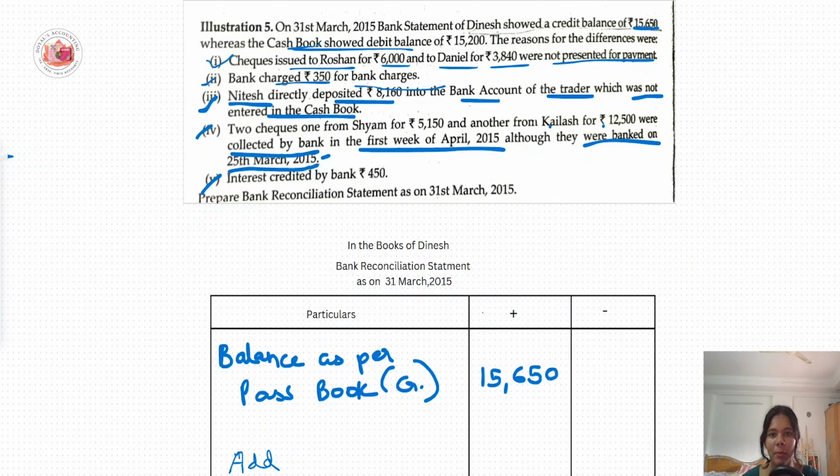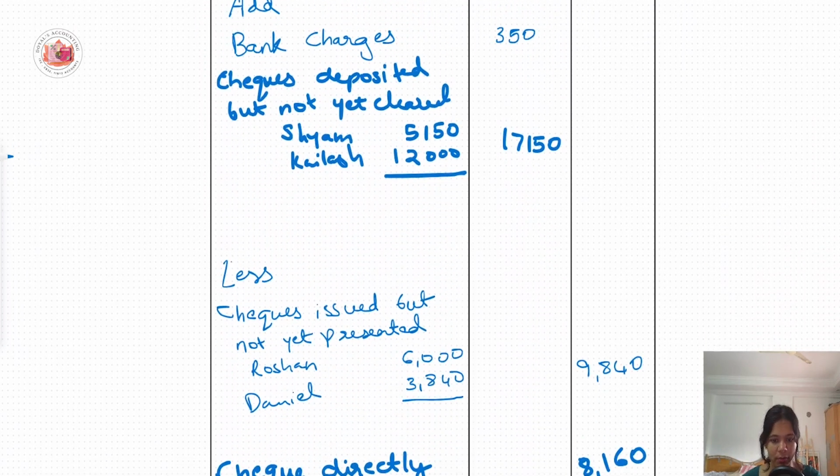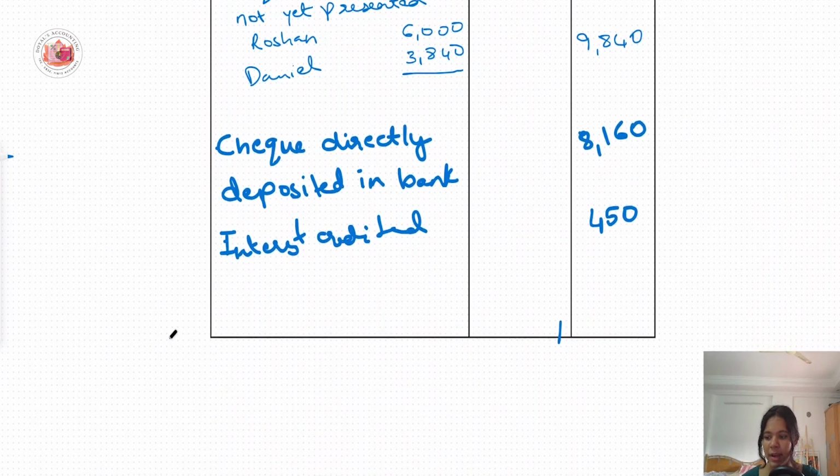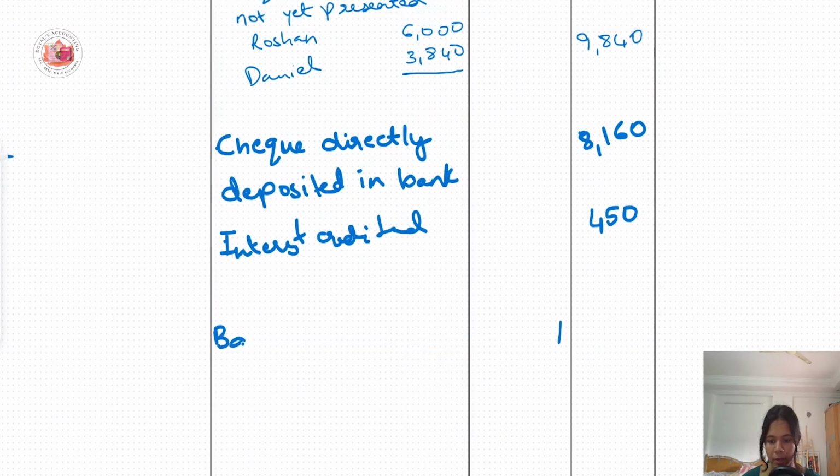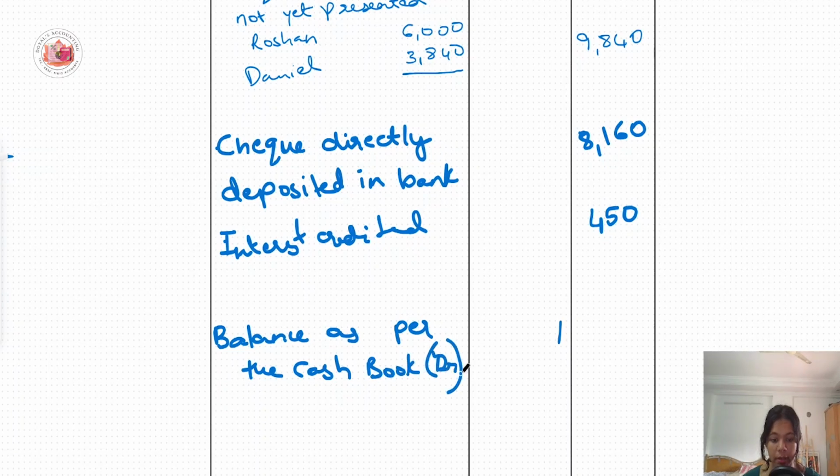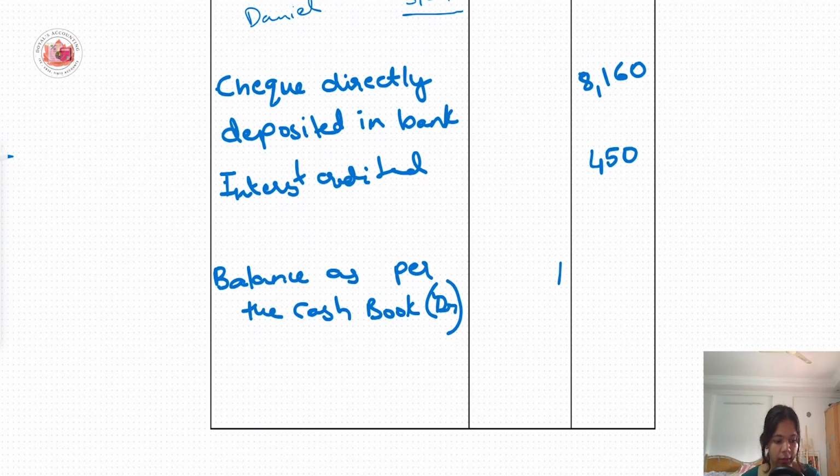Let's find out our balance as per the cash book. After all this addition and subtraction, I should get the figure that they have mentioned in the question. Balance as per cash book. It should be a debit balance.